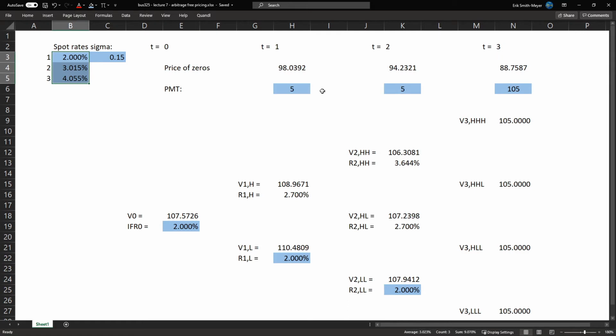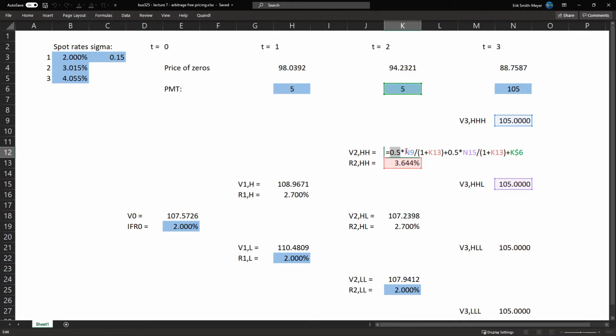So now we have to value a bond here. So what's the idea behind the value? It's just to take the probability of an up move times the cash flow or the present value at that node and discount it using the discount rate for the node where you want the present value.